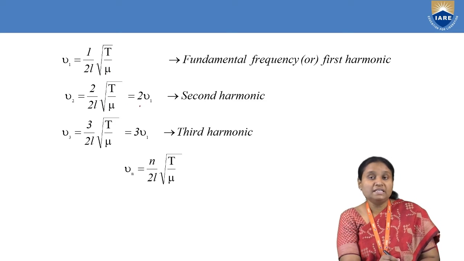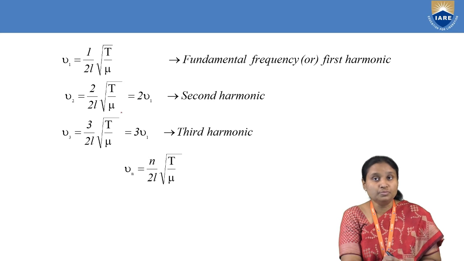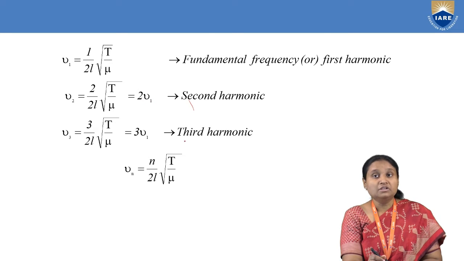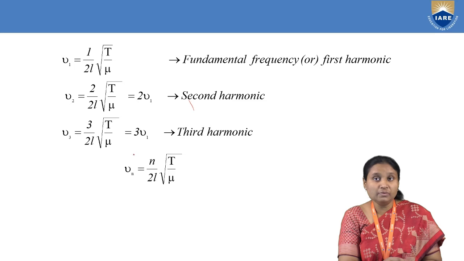And suppose my string is vibrating with two loops, then you will observe that it is called second harmonic, and its frequency is given as, because there are two loops, 2 into the frequency of each loop or first harmonic, 1 by 2L square root of T by mu. So 2 times the fundamental frequency. So if 3 loops are formed, then our frequency will be 3 times the fundamental frequency.